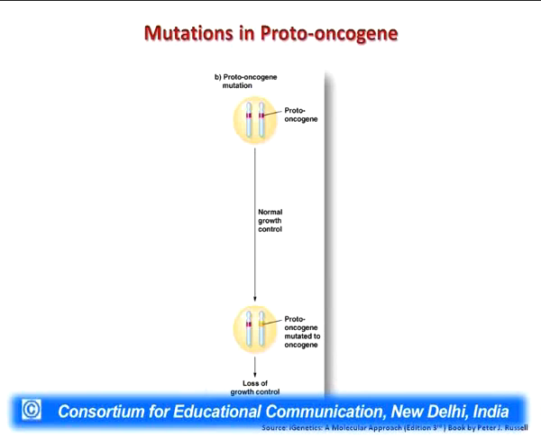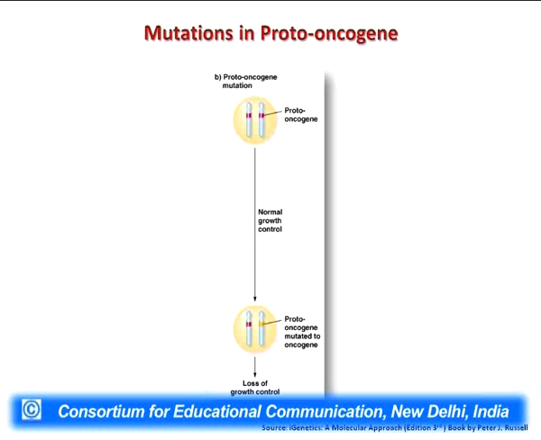Now, how does a mutation in the proto-oncogene develop cancer? Proto-oncogenes are genes which under normal conditions function in a normal way for the growth and development of cells. In the process of time, the proto-oncogenes get mutated.